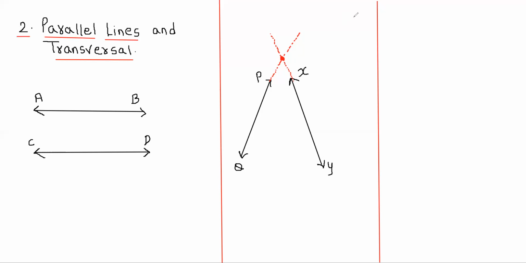So what are parallel lines? Parallel lines are those lines which will not intersect even though we extend them to any point. Two or more lines which do not intersect each other are called parallel lines.